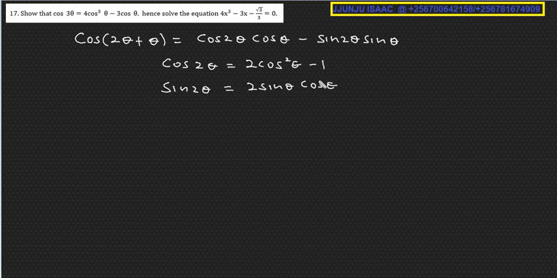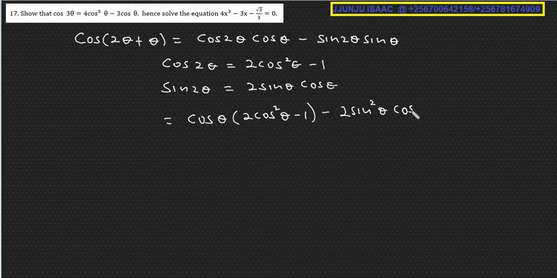So we substitute here, so we are going to get cos theta then into 2 cos squared, substituting for this, it will be 2 cos squared theta minus 1, then minus, then this is going to be 2 sin squared theta cos theta.